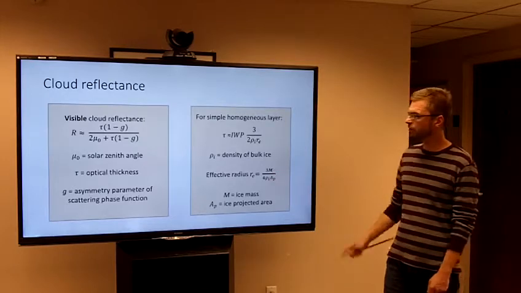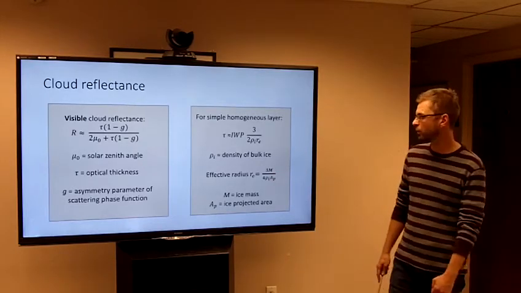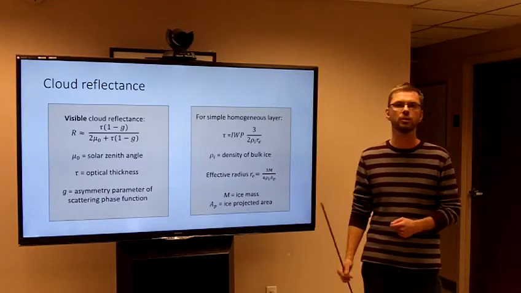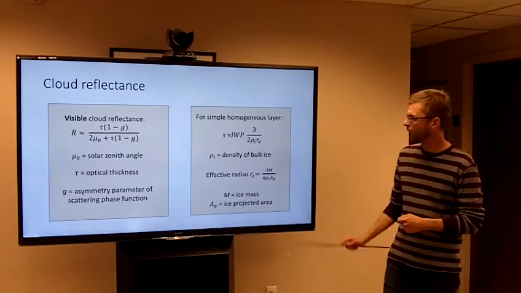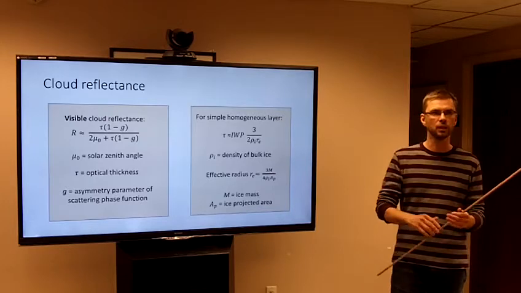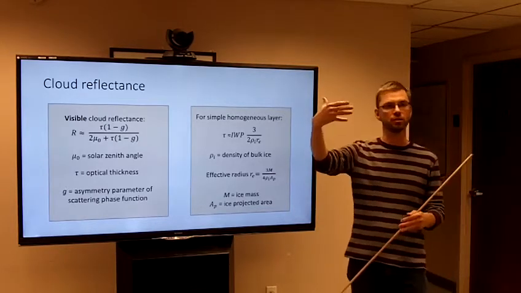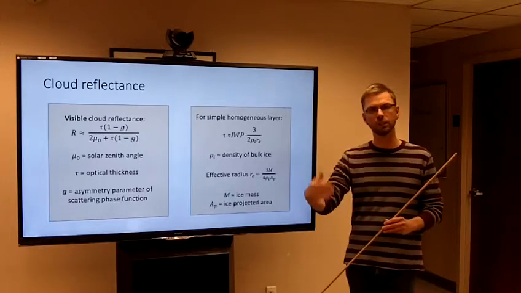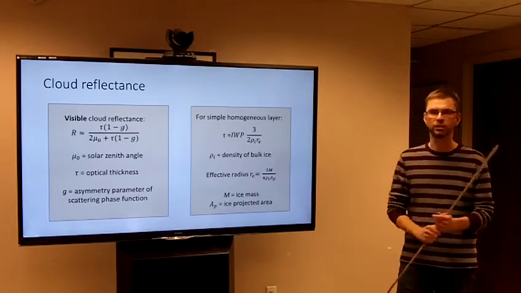Where the effective radius of ice crystals is defined equivalent to the effective radius of drops, and it's related to the ratio of the mass or the volume, the bulk volume of ice over the total projected area.